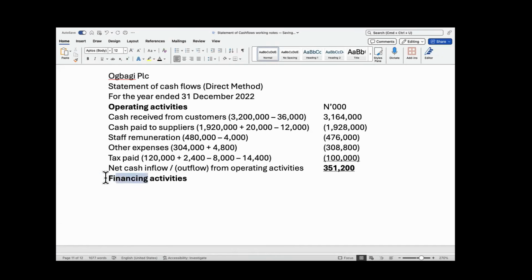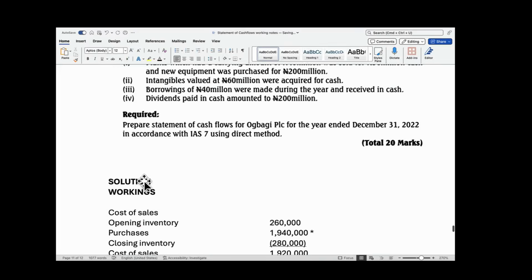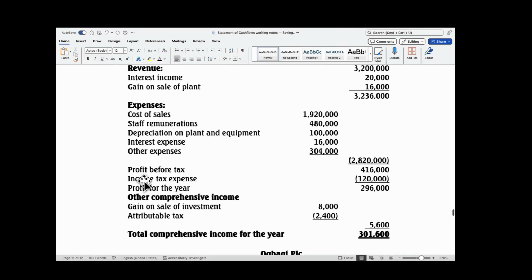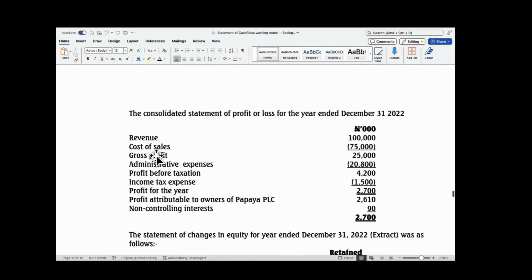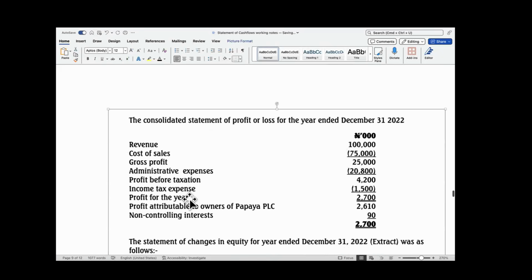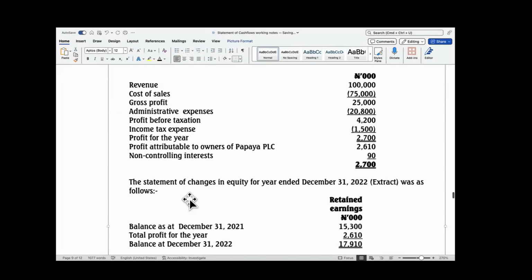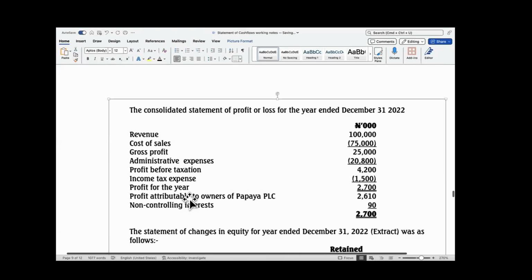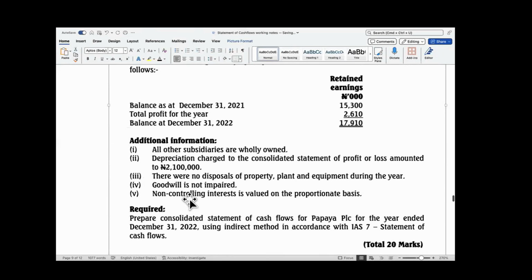No, before financing, let's do investing. So let's do our investing activities. So we are done with all this. Just so that I won't forget, there are some items. Where are they now?